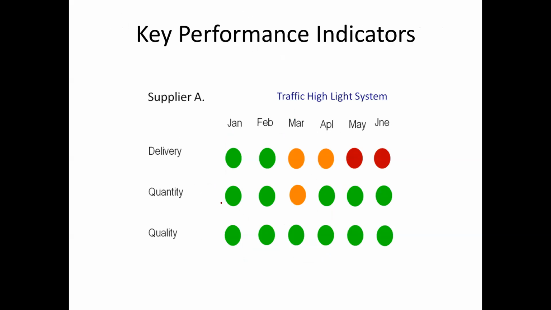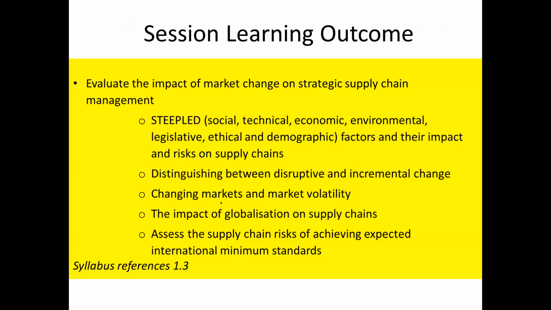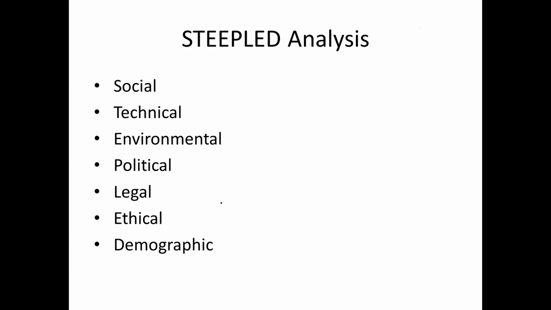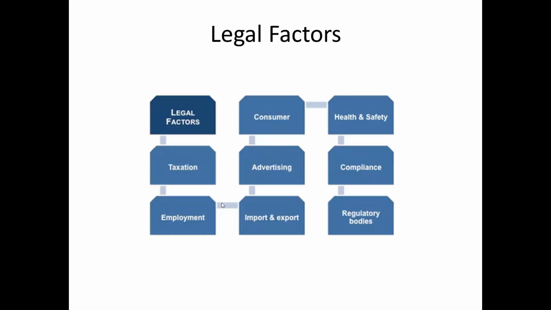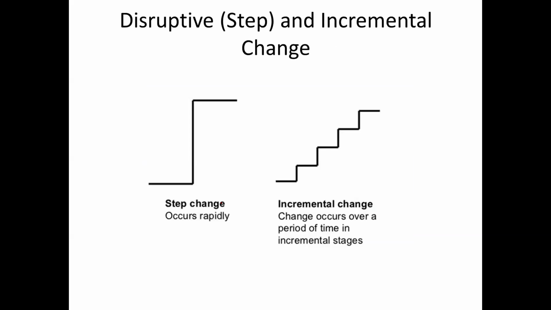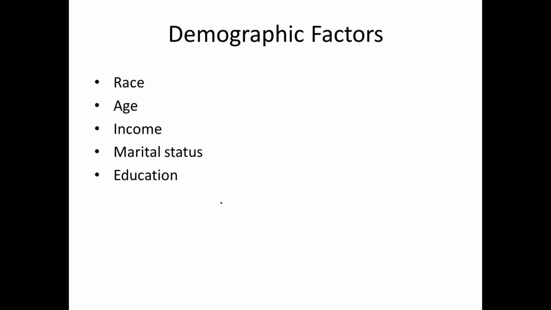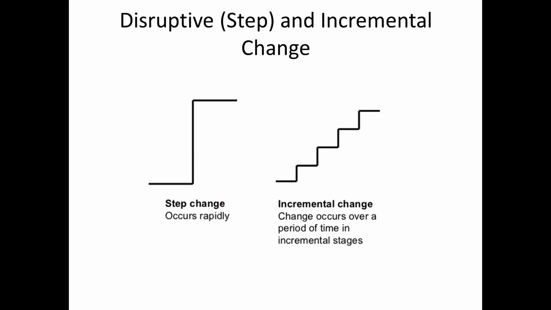And you'd select KPIs such as quality, delivery. Maybe use the traffic lights. Then the old STEEPLED appears, which I'm not going to spend any time on, other than to say it's external analysis. Change can be disruptive or incremental.